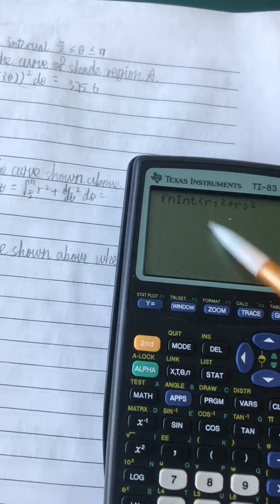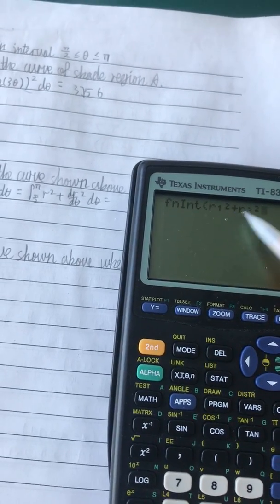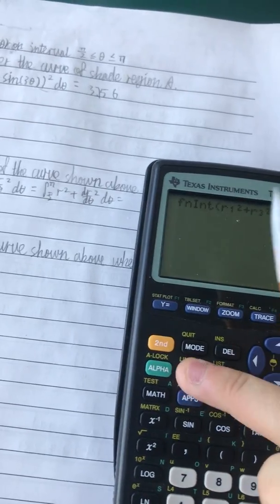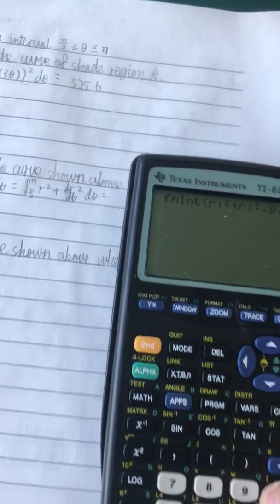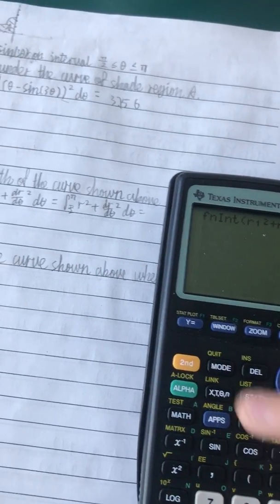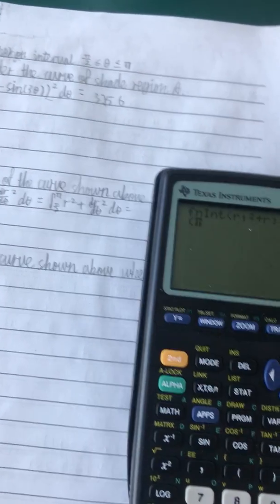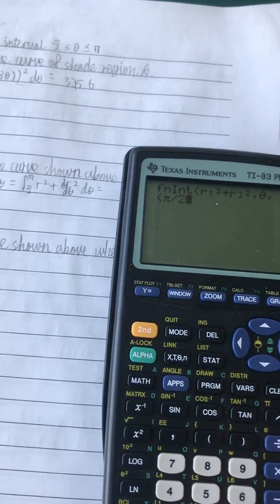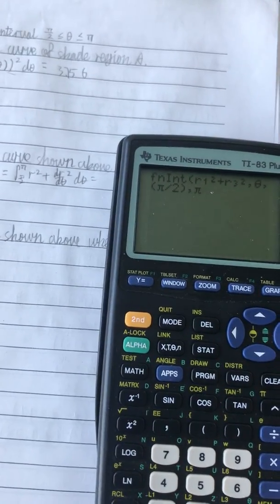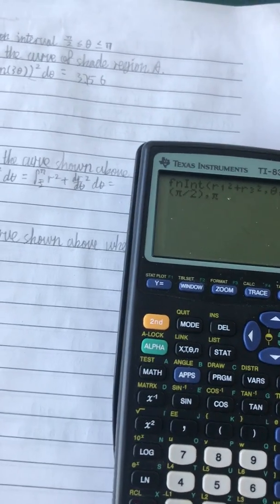So this is basically r squared plus dr d theta squared, and comma with respect to theta. On the interval, the lower bound is pi over 2, and our upper bound is just pi. So now let's do the calculation.